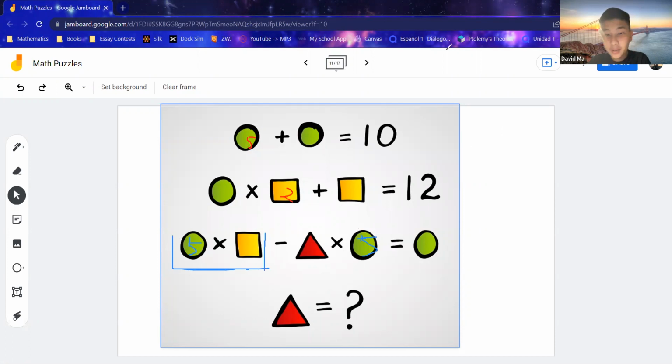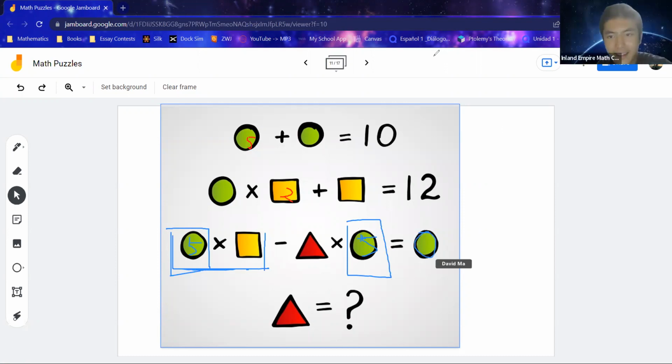Actually, the method I was thinking about is used to solve for the circle if we didn't know what the circle was. But I think, David, there is indeed a very cool way to solve this.